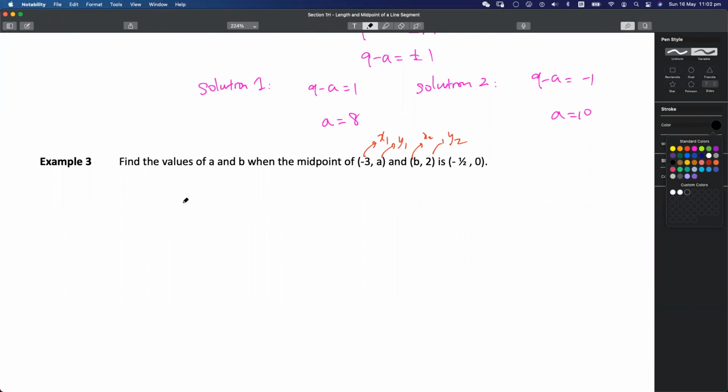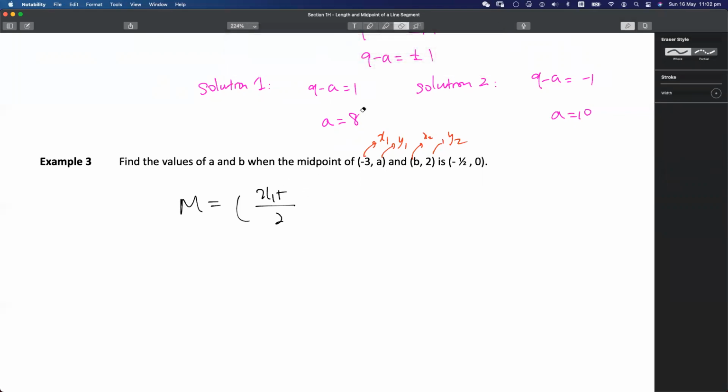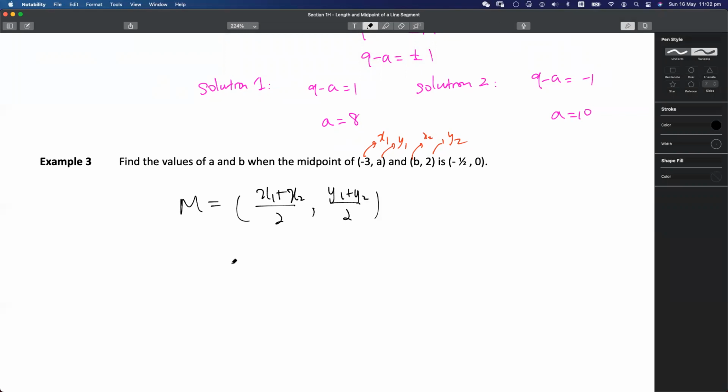So midpoint is equal to half the sum of x1 and x2, comma, half the sum of y1 and y2. So half of (-3 plus b), comma, half of (a plus 2).